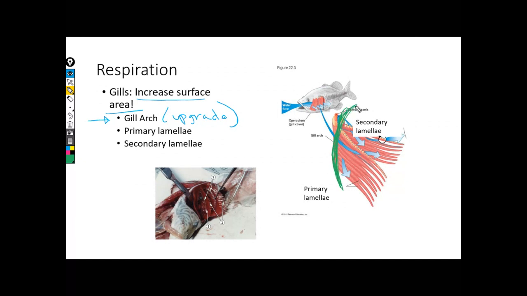And as the name implies, this is fundamentally just a structural component. Okay, so we're going to have multiples of these, as we can see on our picture here, going down either side, and this would be repeated on the other side of our fish. And this is where each of our gills are going to start. So we have a hard structural component on which to build our gills.